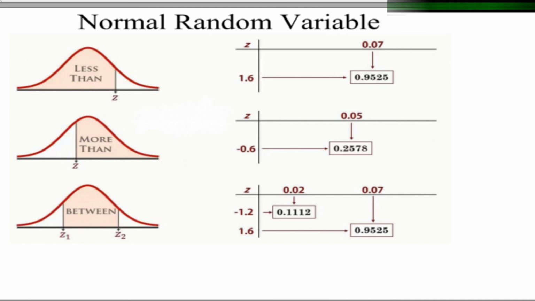Okay, so this is all about the normal random variable. There is another theorem after the normal random variable, which is called the central limit theorem. What is the central limit theorem? This theorem has a significance in sampling distribution.